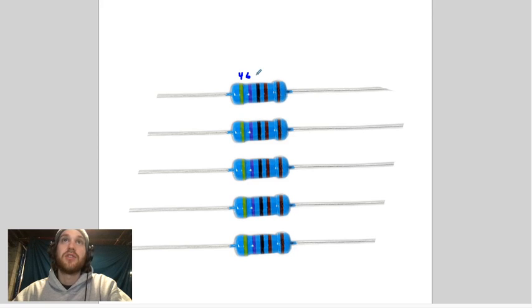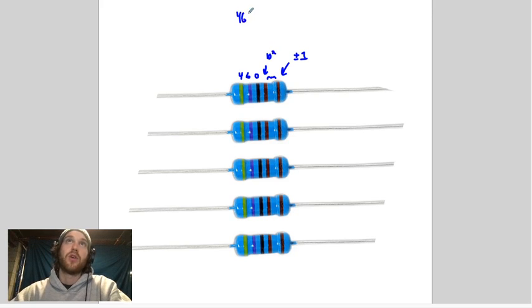It looks to me like our stripes are yellow, which is 4, blue, which is 6, black, which is 0. Okay, so there's our gap, right? I don't think you'll always have to have tolerance. You'll never have just the temperature. You always have to have the tolerance on there. So these are our 3 digits, and then this one is our multiplier. So this is plus or minus 1% because this is brown. So this is yellow, blue, black, and then red, which is times 10 to the second.